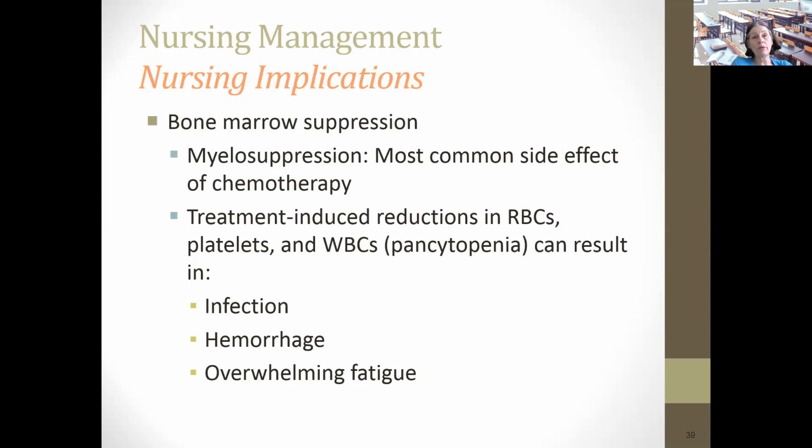Now, it's obviously not all on the same day. It's cyclical, but they're rapidly dividing cells. So the chemotherapy or the radiation causes suppression of the bone marrow. So you have reduced red cells, anemia, reduced white cells, infection, and reduced platelets, bleeding. So they have pancytopenia is what that's called. So they'll get infection, hemorrhage, and fatigue.